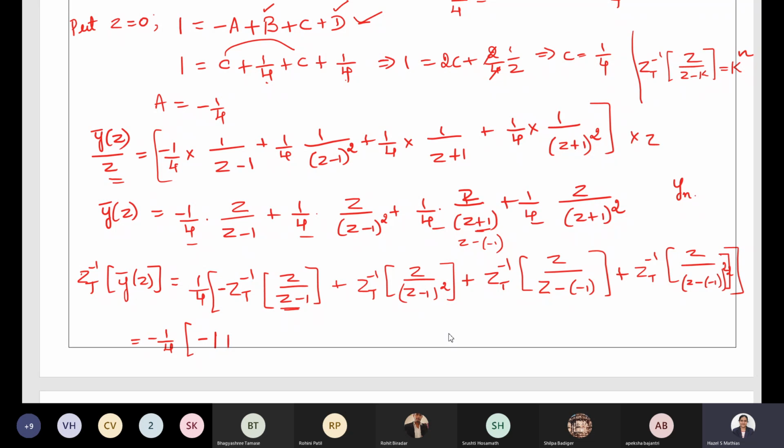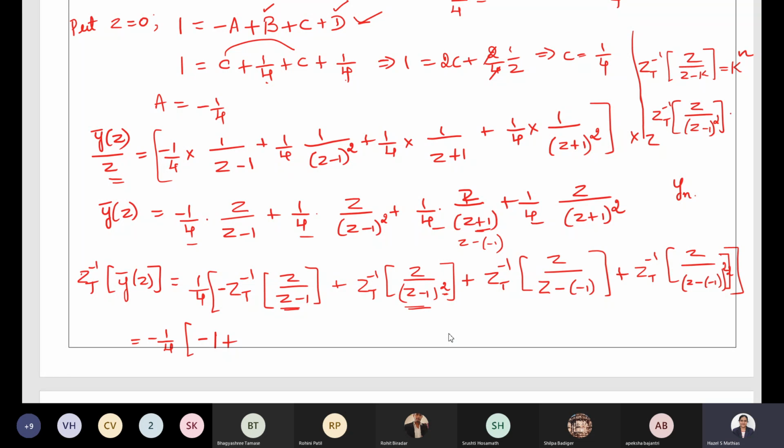Then second term, what is the inverse z transform of z by z minus 1 whole square? Power is there. For that you have a different formula. What is the formula? Inverse z transform of z by z minus 1 whole square is what? Anybody remember what is it? Ma'am, k power n is n, ma'am.